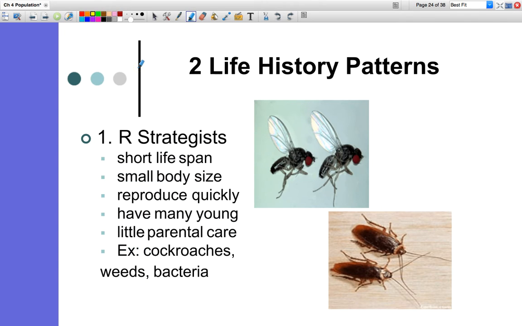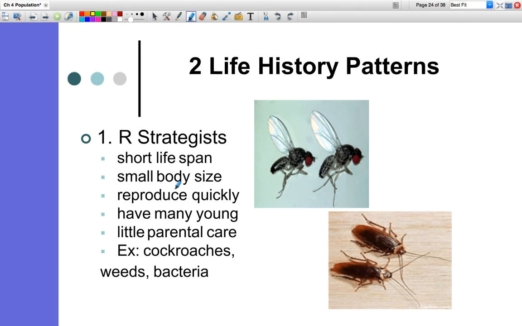And then there are R strategists again. So an R strategist has a short lifespan, small body size, reproduces rapidly, has many young, and gives little parental care. Examples are cockroaches, weeds, bacteria. So these are organisms that survive by reproducing massive amounts of populations.